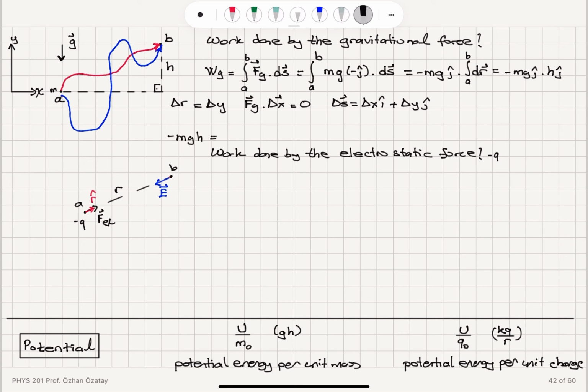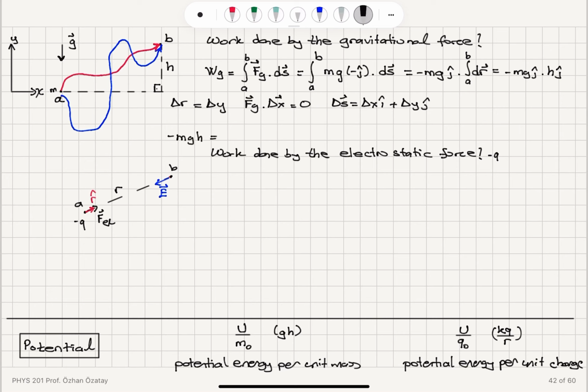So this is minus the change in potential energy, UB minus UA, minus delta U. And you can see that the potential energy at point B, so let's basically write this as UA minus UB.